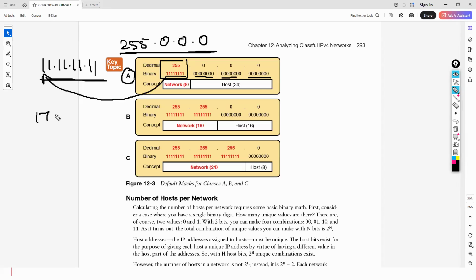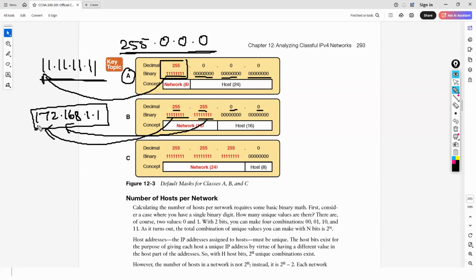If I write 172.168.1.1 along with the address mask of 255.255.0.0, a networking device will convert it into its binary form, which will correspond to the first 2 octets. And it will understand that this IP address is a class B IP address.